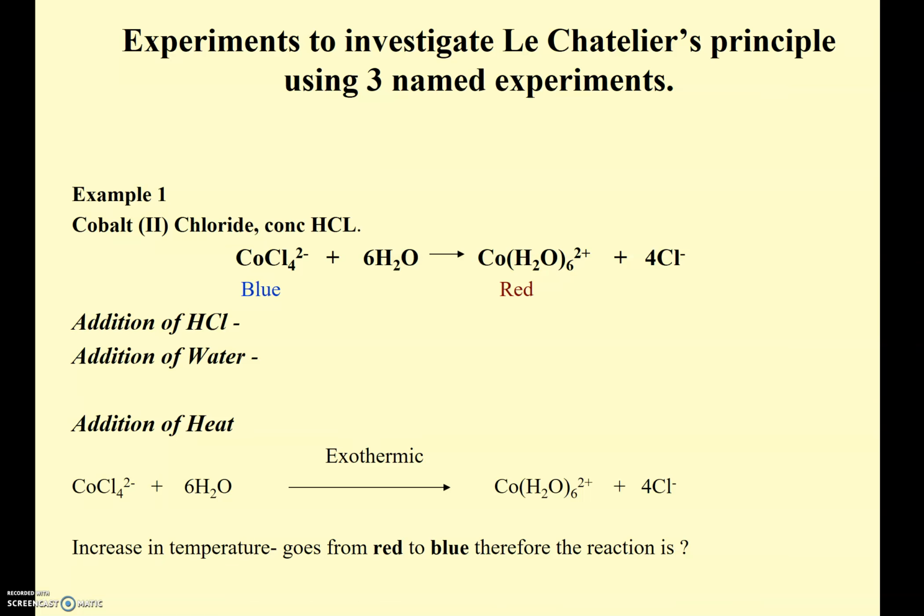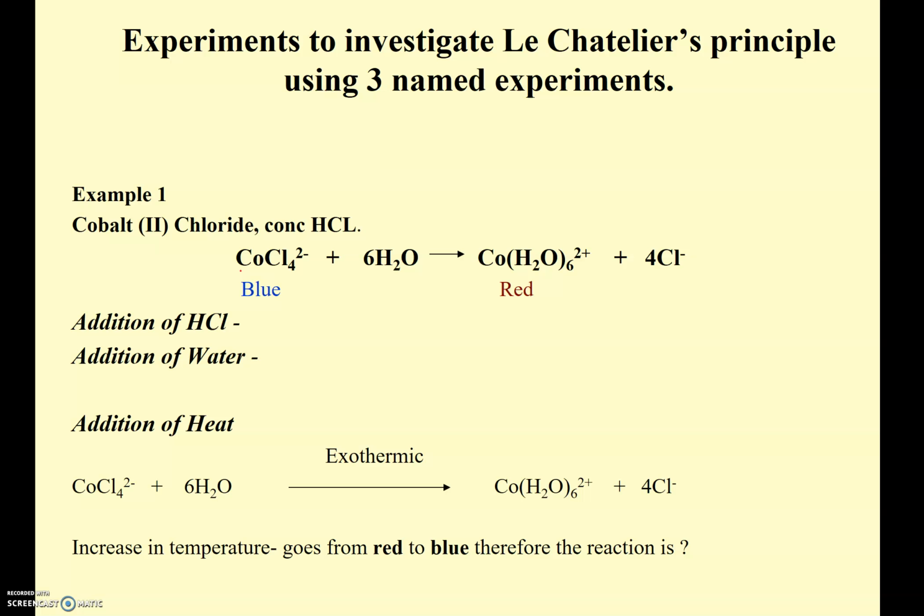Now, there are 3 experiments we have to look at to investigate Le Chatelier's principle. The first one is using cobalt chloride and the addition of hydrochloric acid to it. The side of your reaction where your reactants are is blue, and the right hand side of the reaction is red.